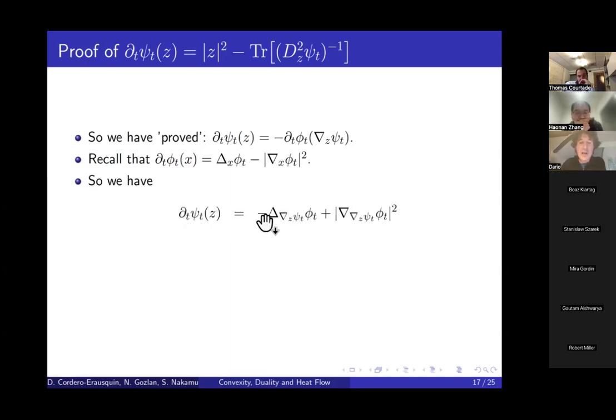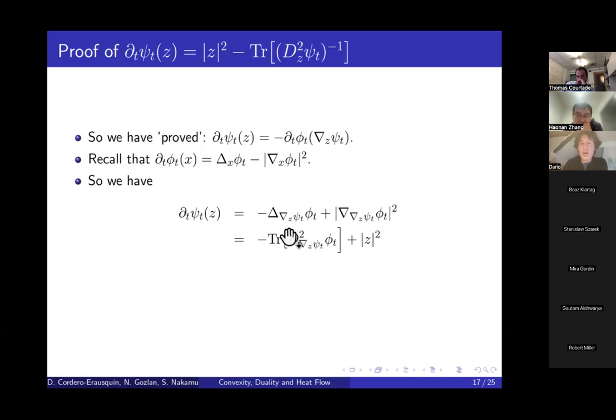So the time derivative of psi is now minus the Laplacian of phi at the point grad psi, plus this term, the gradient of phi at the point grad psi squared. And now, as I said, grad psi is the inverse of grad phi, so this is just z squared.